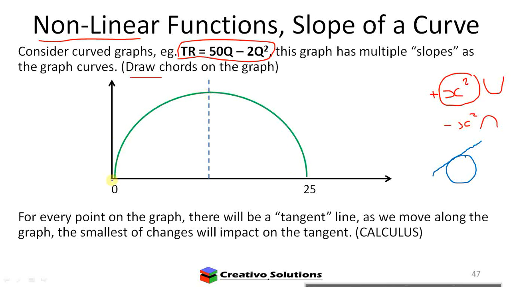Yes. So can I draw a tangent? Yes, I can draw a tangent here, here, and here. All of those are tangents. Tangents are straight lines, so they have slopes. Does a straight line have a slope? Yes.